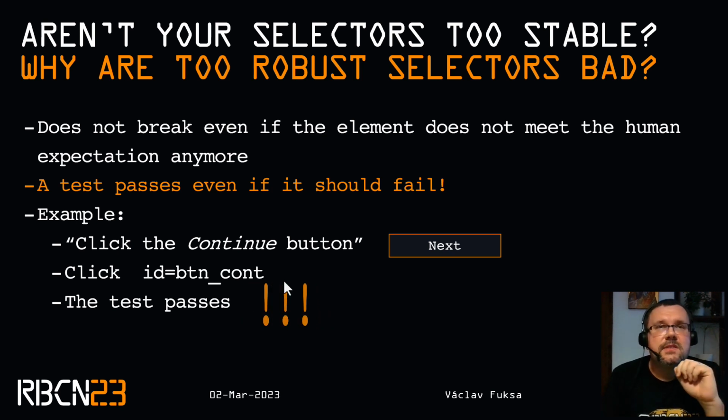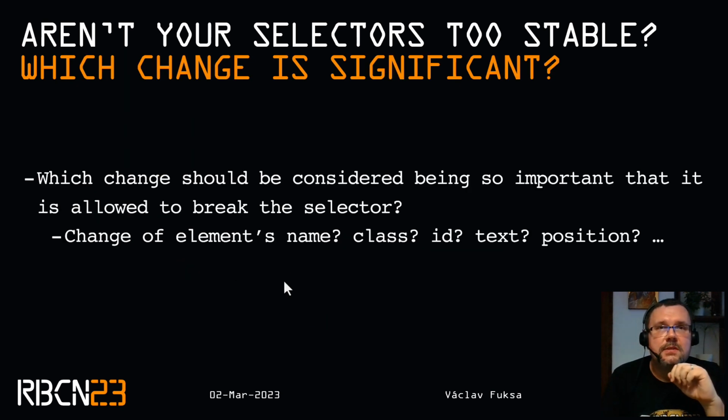We said that the selector that is too robust still refers to the original element after a significant change. But what change is significant? It means which change should be so important that it is allowed to break the selector.